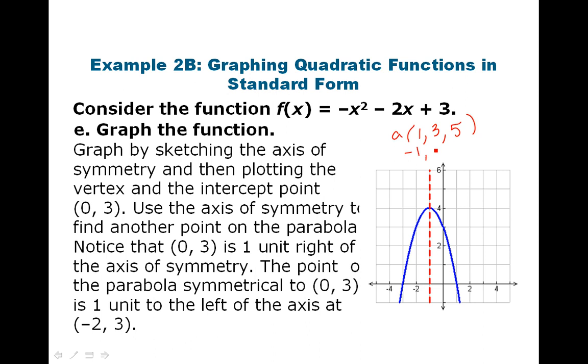So now we'll go negative 1, negative 3, and negative 5. So once we know where the vertex is, we'll start out by going out 1, first down 1. The next time we go out 1, we'll go down 3. And the next time we went out 1, we would go down 5, and so on. So that would still get you the same points.